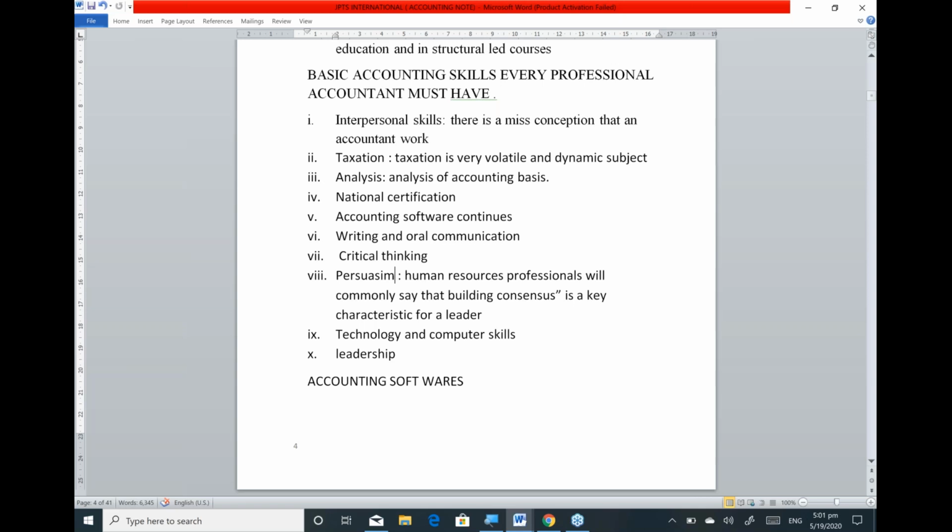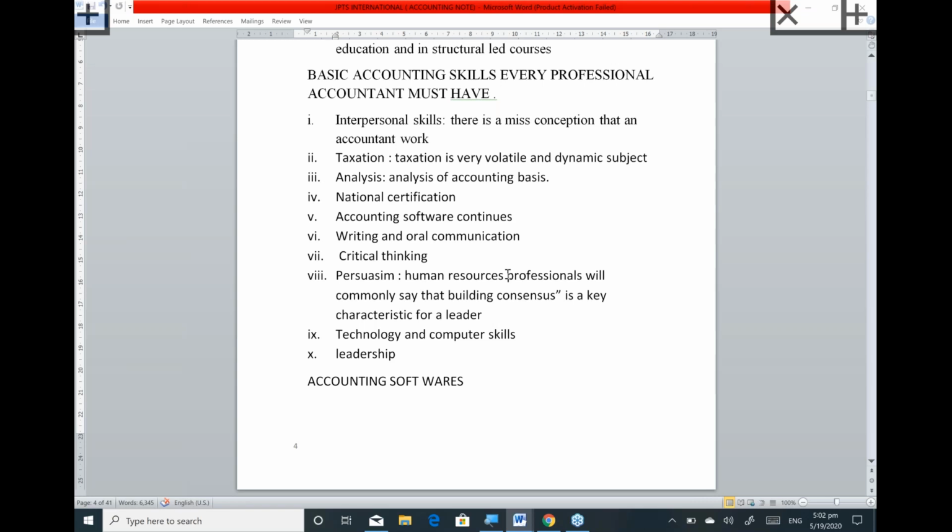Analysis of accounting basics, national certification, accounting software continues, writing and oral communication, critical thinking, must be a person who is persuasive. Human resources professionals will commonly say that building consensus is a key characteristic for a leader. Then we look at technological and computer skill, then look at the leadership skill.